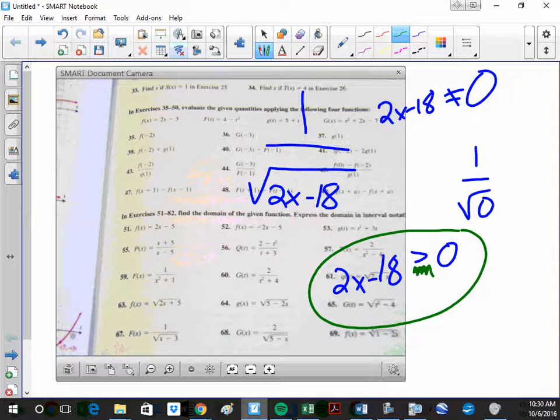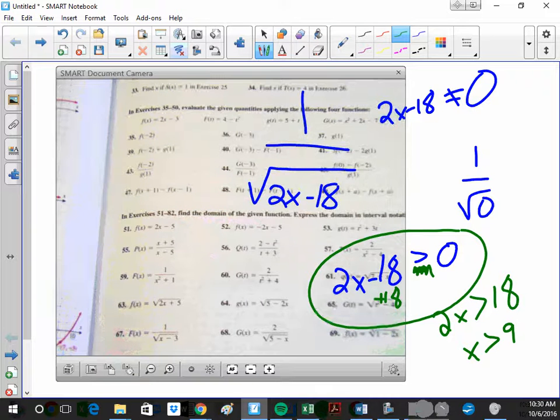Does that make sense? So I solve this, add 18, 2x greater than 18, divide by 2, x is greater than 9. As long as x is greater than 9, then the bottom will never be 0, and the denominator will never have imaginary numbers in it. We'll never be taking the square root of a negative number.